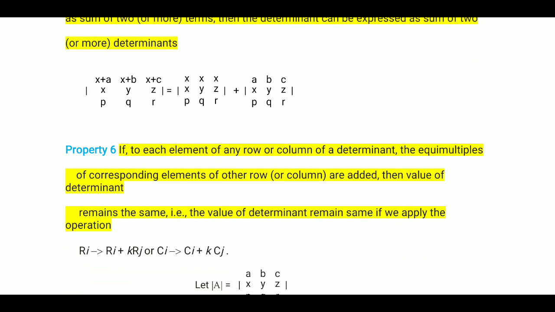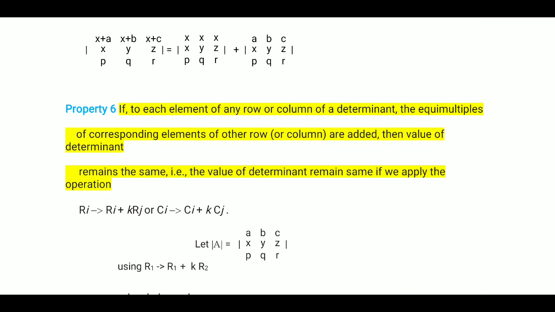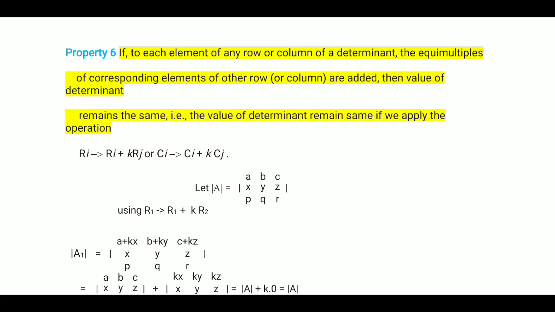Now property number 6: if to each element of any row or column of a determinant the equal multiple of the corresponding elements of another row or column are added, then the value of determinant remains the same. The value of determinant remains the same if we apply this operation.